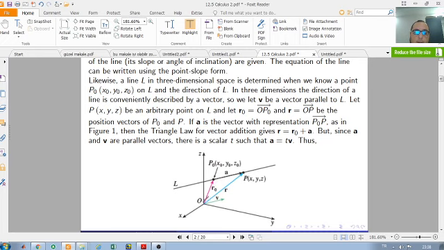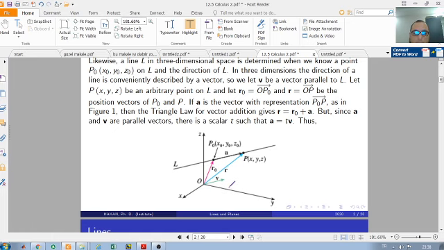The red vector is denoted by r0, the position vector of the point P0, and the blue one is the position vector of the point P. We also know the direction of the line L, the vector v, which is located here.